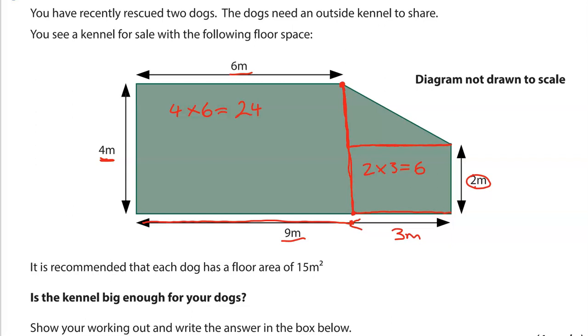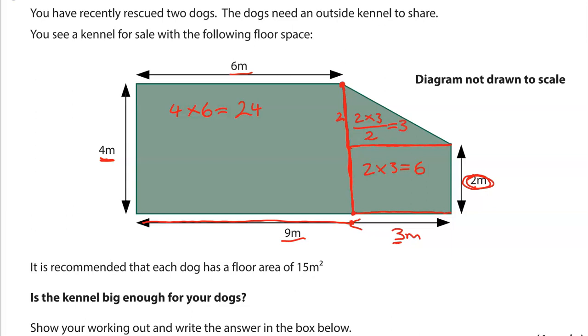So 4 take away the 2 we have here, that leaves us with 2. So this is 2 meters. So 2 times 3, all divided by 2, that gives us 3 square meters.